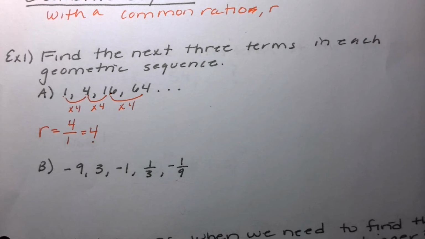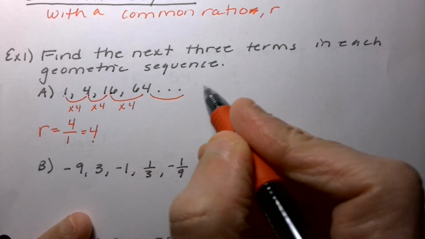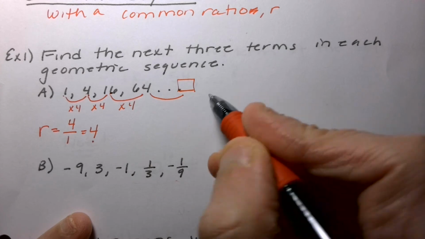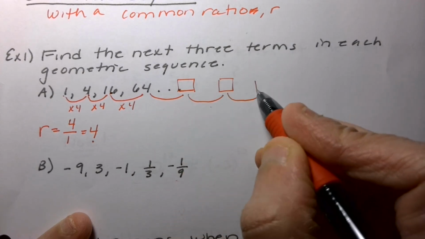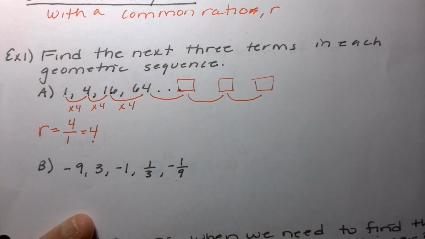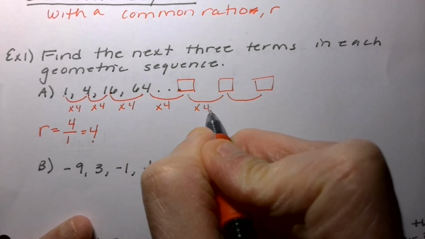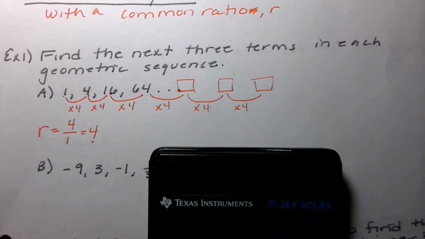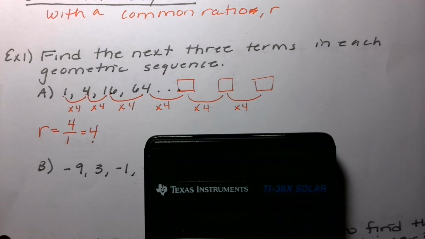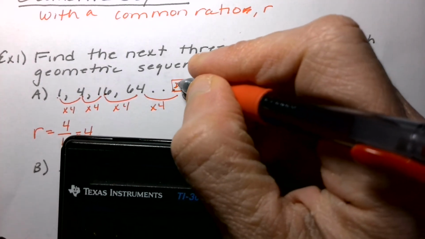Now it asks you actually to find the next 3 terms in each. So you are going to use that ratio and continue on, and you'll get one of your answers, and another, and another, by doing exactly the same thing. You're multiplying by your constant ratio. So you get your calculator out. 64 times 4 is 256.